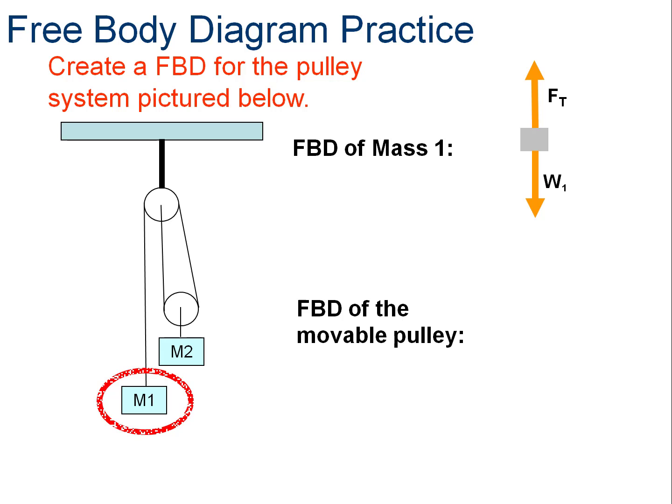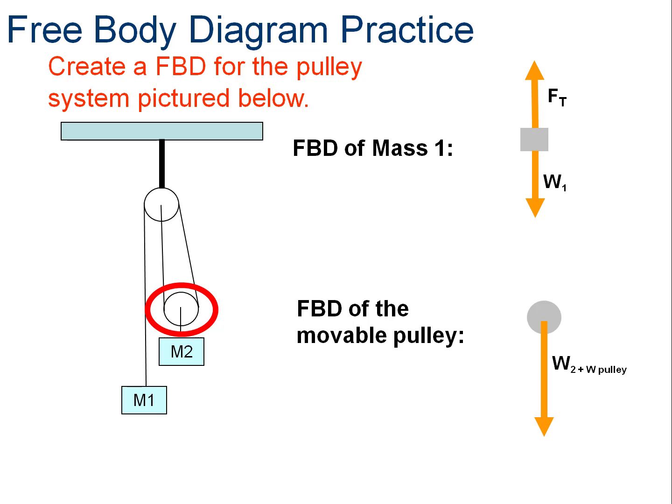Well, let's look over at the movable pulley now. Now this movable pulley has an external force on it. So when I represent that by a circle, the first thing I'm going to draw is W2 plus the weight of the pulley. So what that means is the weight of mass 2 plus the weight of the pulley, both pulling down. Now I've got two strands supporting it, and they're split evenly in the forces.